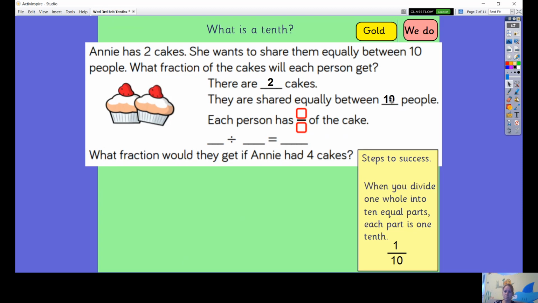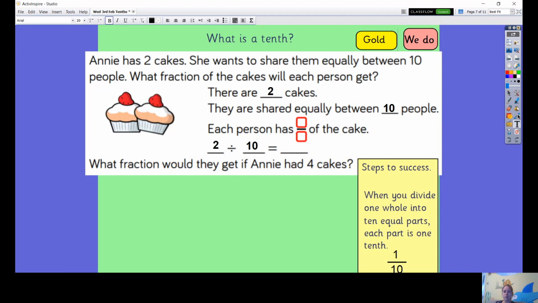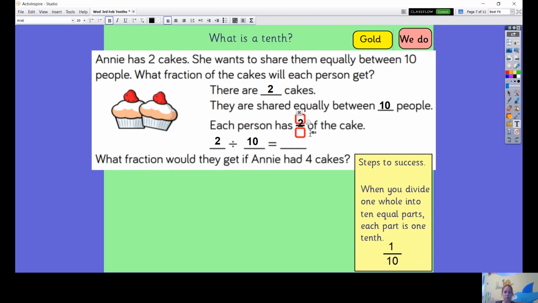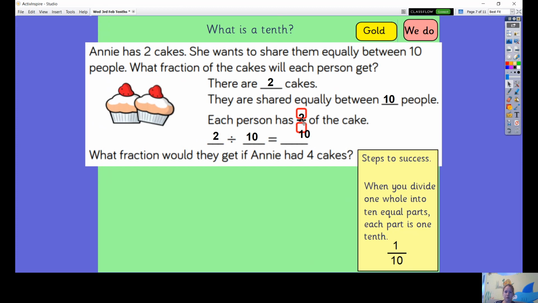So the sum that we are doing is 2 divided by 10. 2 shared between 10. Okay, and so each person will get 2/10 of the cake. Okay, of the total cake.